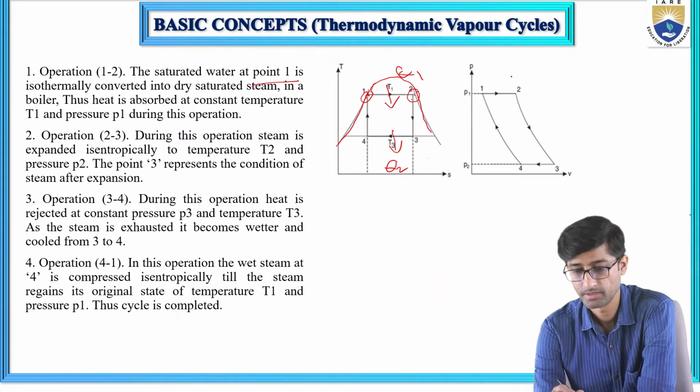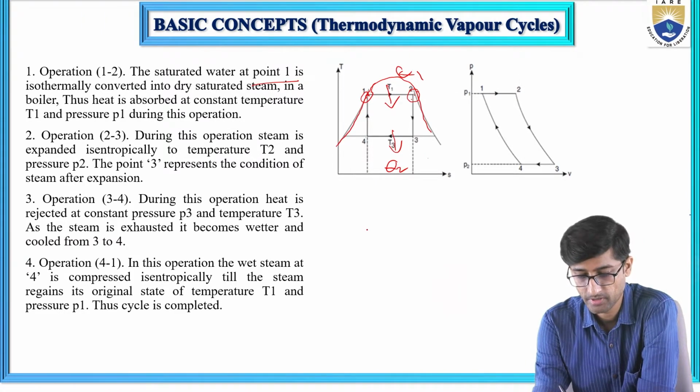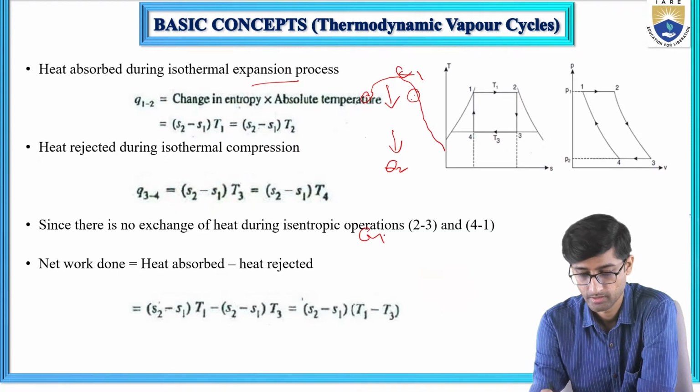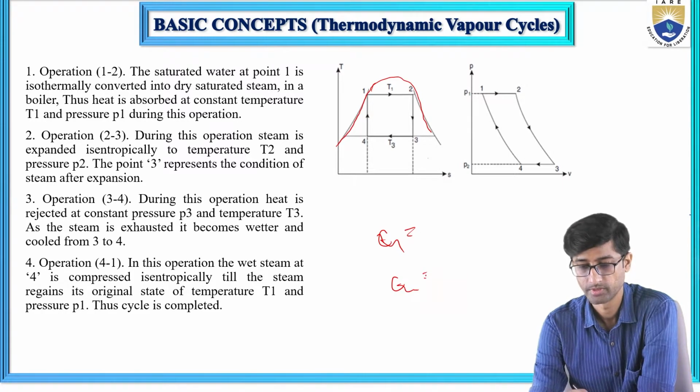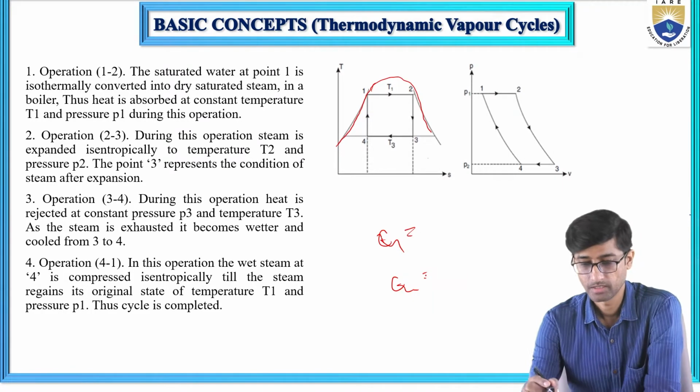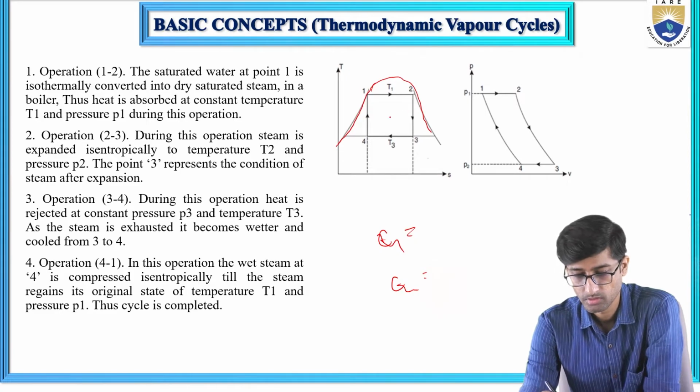Here heat is absorbed, that is Q1, and this is heat rejected, Q2, right? Now, this is the compressor work, and this is the turbine work, WT.